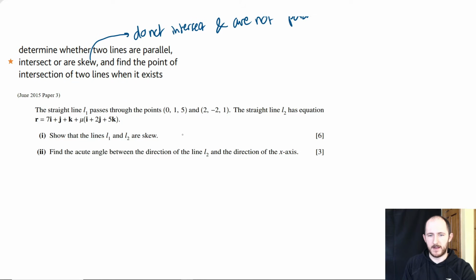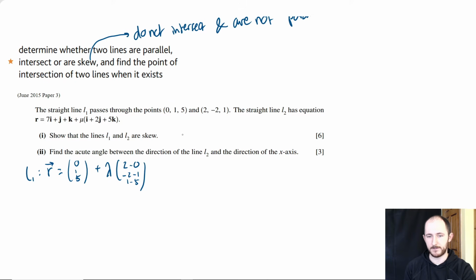So what we're going to do for L1 is, if you remember rightly, we're going to take the first point as a vector, so that's going to be 0, 1, 5. And then the way we work out the parallel vector, which we call lambda, we're going to subtract them, okay? So we have 2 minus 0, minus 2 minus 1, and 1 minus 5.